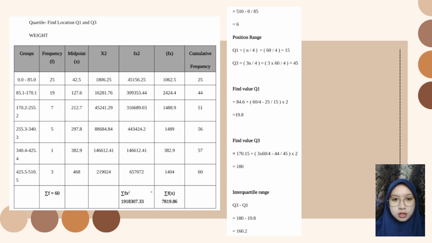For the value of quartile 3, 100.15 plus 3 times 60 divided by 4, then minus 44 divided by 45, then minus 2 equal to 180. So the interquartile range is 180 minus 60.8 equal to 160.2.